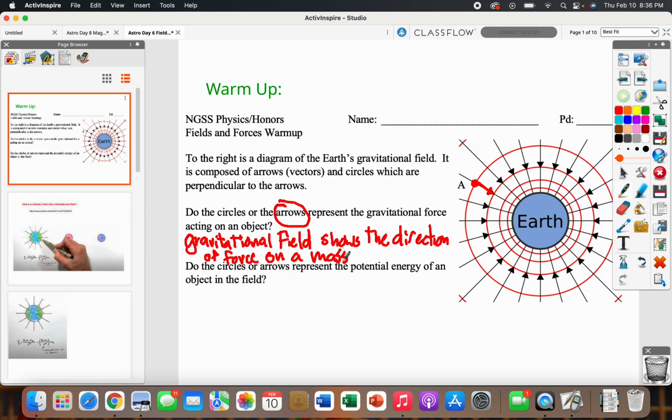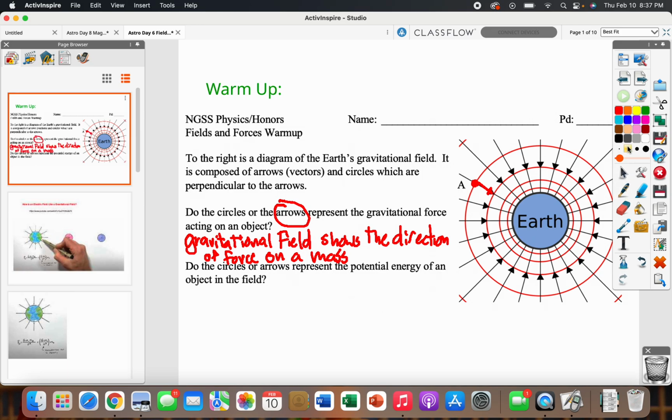Okay, so gravitational fields describe the force and energy of masses. We have the mass of the Earth, and it's pulling on this mass in this direction.